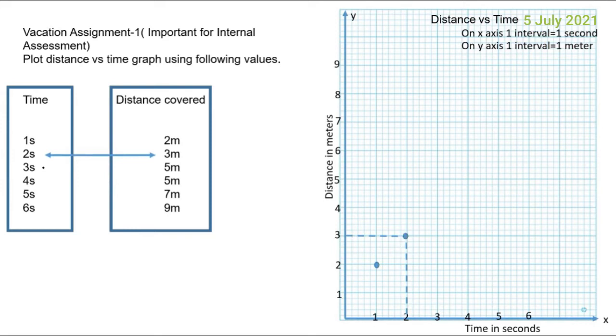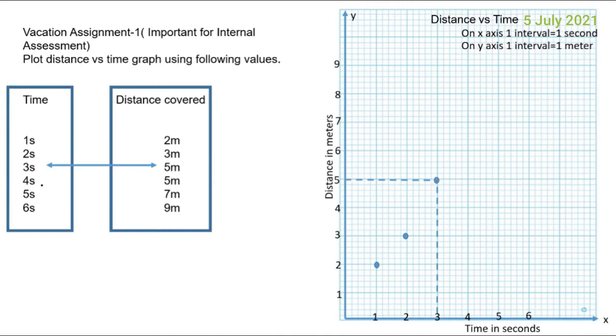And therefore for the next one, 3 second, 5 meter. If you take 3 second here, it has to meet somewhere here. So you have to draw these dotted lines and see where that 5 meter comes, and that is the point we have to mark.